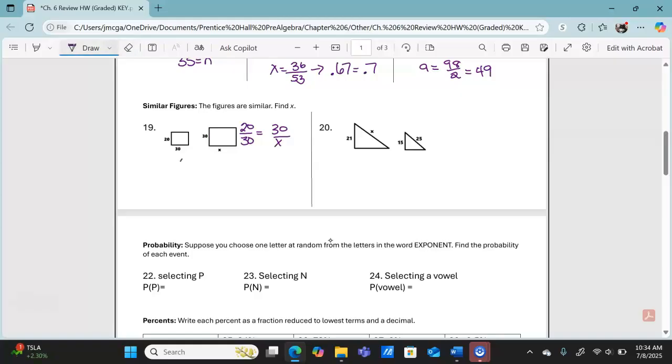So cross multiply, I would get 20 times X equals 30 times 30. So I can cancel one of my zeros. So I end up with 30 times 3, which is 90 over 2. 90 divided by 2 is 45. Here it is longhand.